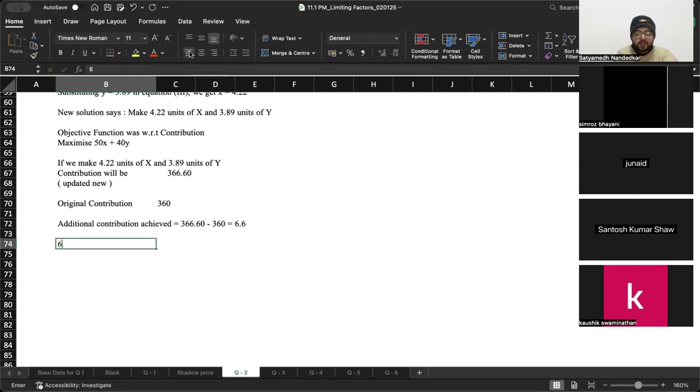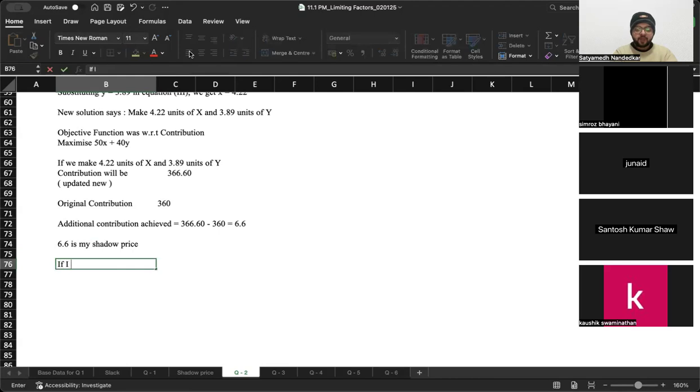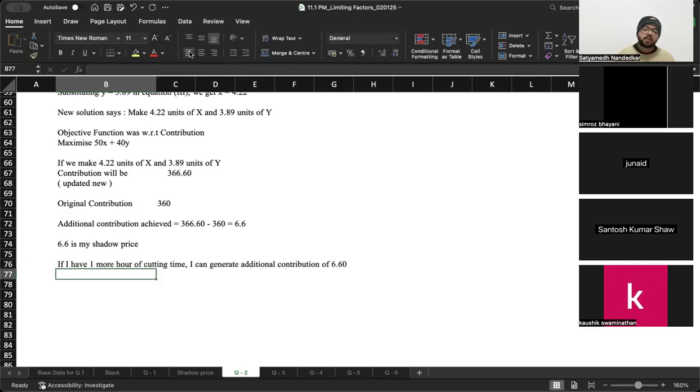So 6.6 is my shadow price. What does that mean? If I have one more hour of cutting time, I can generate additional contribution of 6.60.